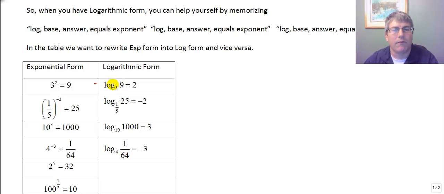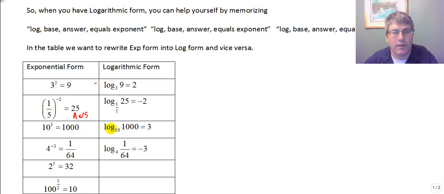In logarithmic form, log base 3 of 9 equals 2. In exponential form, I've got 1/5 raised to the negative second power equals my answer of 25. So log base answer equals exponent.